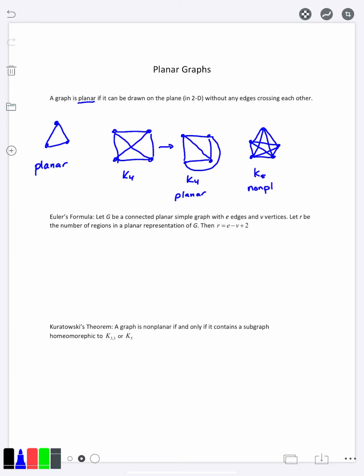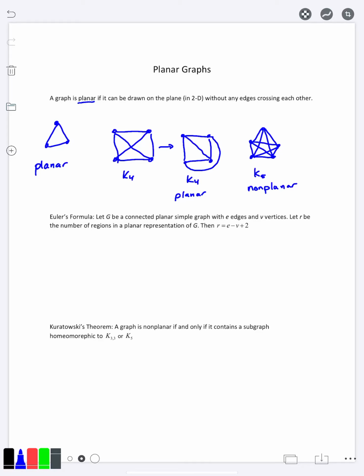So this is an example of a non-planar graph. So if I give you a random graph on the test and I ask you, is this planar or not, then you want to try to rearrange things and try to draw it so that it has no crossing edges. And if you can, it's planar. And if you can't, then it's non-planar.